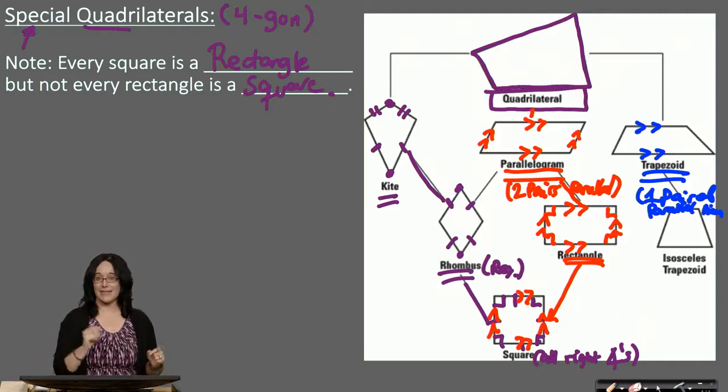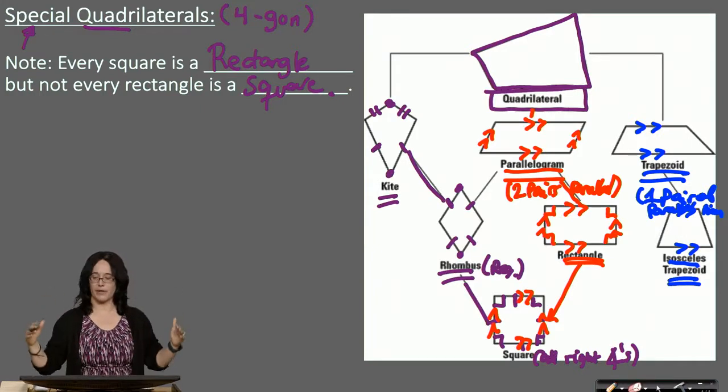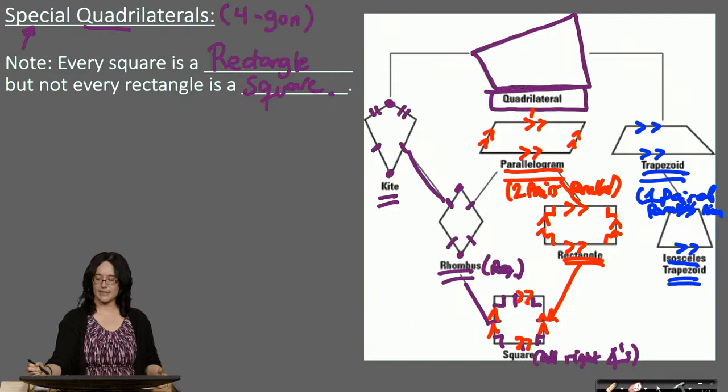All right, the last type of special quadrilaterals that we see under the trapezoid category is an isosceles trapezoid. Now, why is it called an isosceles trapezoid, not just a regular old trapezoid? Well, to be a trapezoid just requires that you have one pair of parallel sides, and we have that here, top and bottom. So the other two are not parallel. But when we say isosceles, what we're saying here is that two of the sides have the same measurement, right?